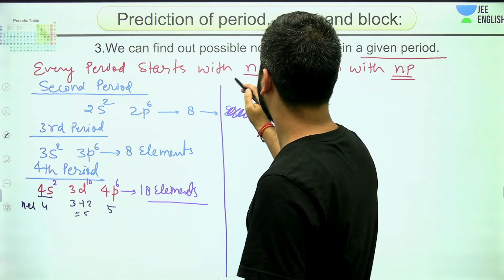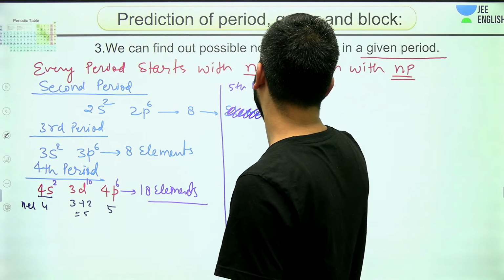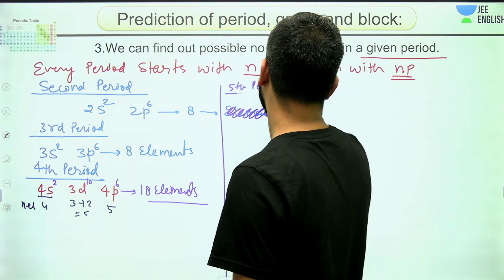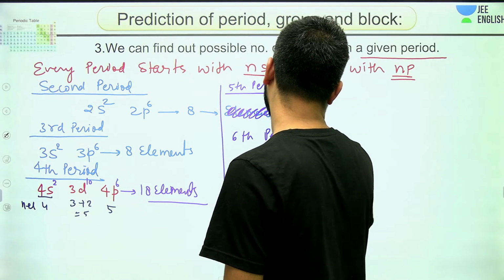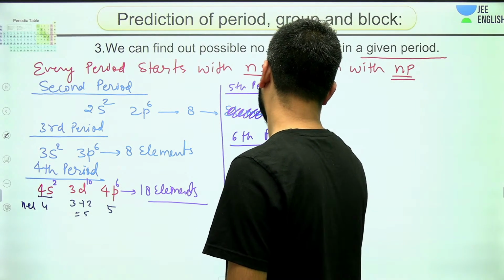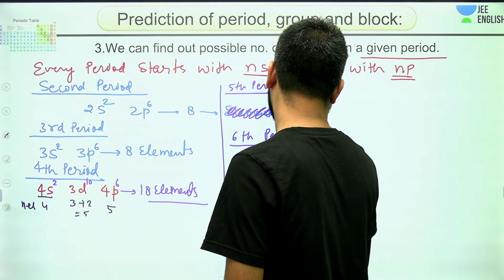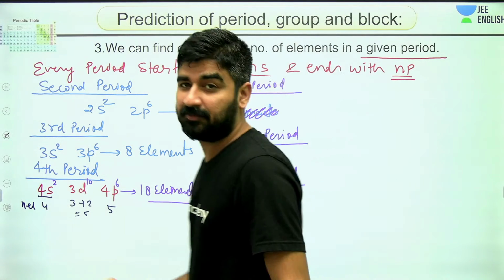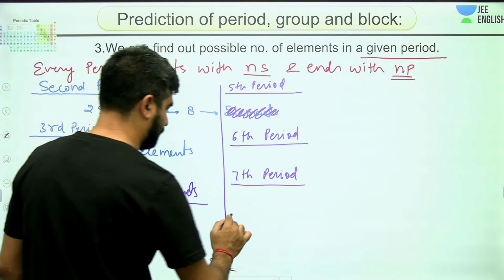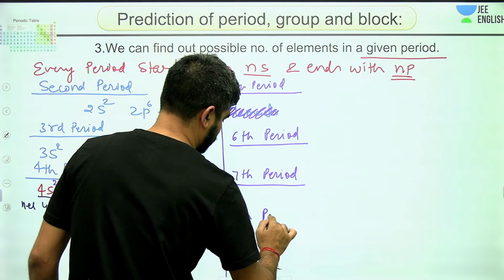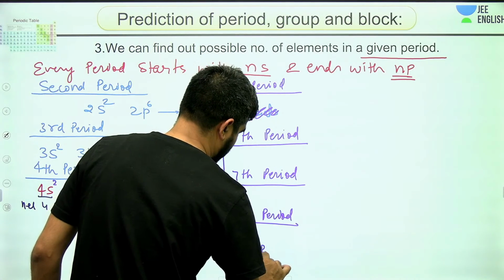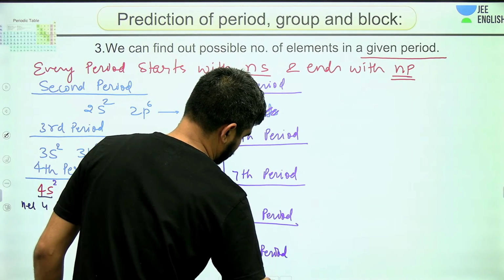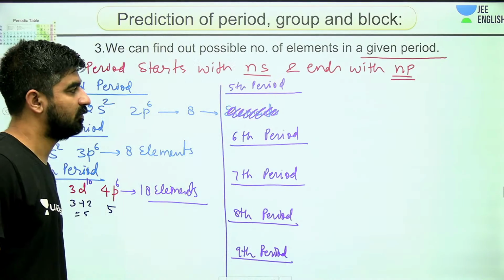Can you do it for fifth period, guys? Sixth period, seventh period, be fast. And then for eighth period, and then for ninth period, do it.